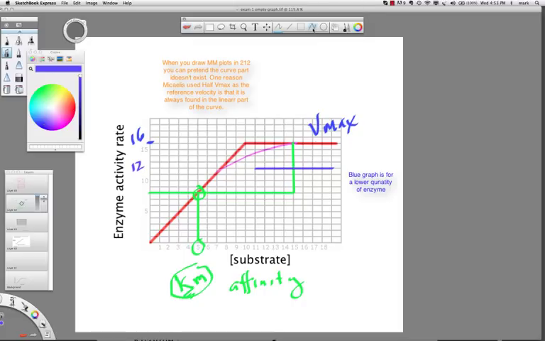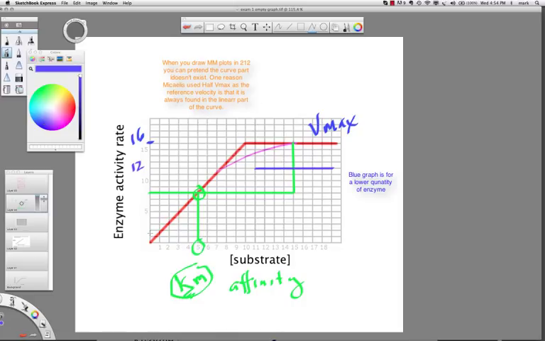Well, I know that the Km is defined as the quantity of substrate required to bring the enzyme to half of its maximum velocity. What is its maximum velocity? 12. So half of its maximum velocity is 6. At what substrate concentration are you going to get 6 units of enzyme activity? At the Km, 5.